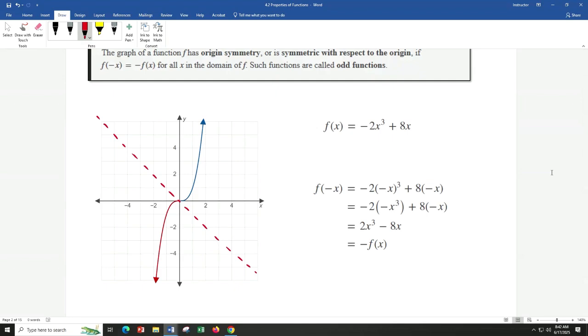When I replace f of x with a negative x, look what happens to everything. Everything in the function went opposite. Here we had a negative, here this is positive. Here we have a positive, and here we now have a negative. Everything flipped. That tells me I have an odd function.